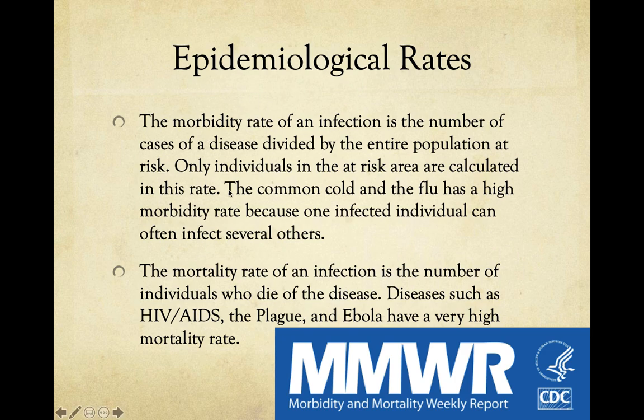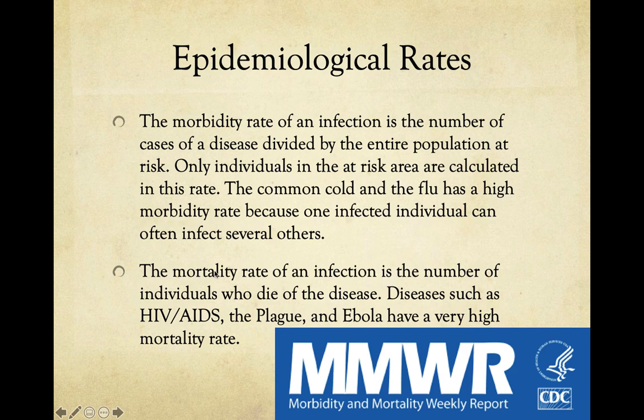Morbidity does not kill you. Morbidity just means that you are actively sick with that disease. So you can have things with a very high morbidity rate and a very low mortality rate, which I'll get to in just a second. A high morbidity rate just means that it's very infectious, easy to spread from person to person or host to host. Mortality rate, on the other hand, is going to be how many people will die from that particular disease.